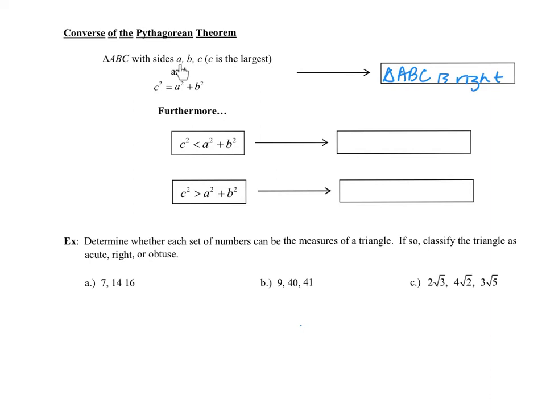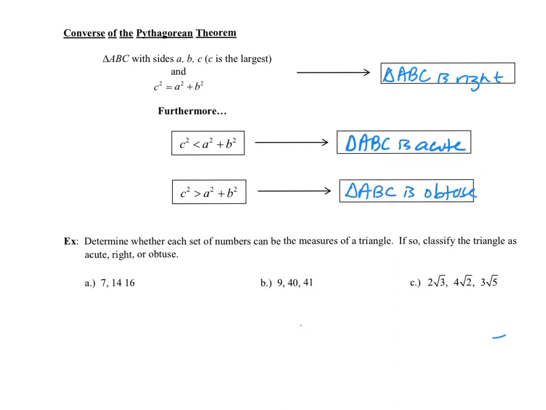If I have a triangle ABC where C is the largest side, and the square of the largest side is less than the sum of the squares of the two shorter sides, you're going to know that triangle ABC is an acute triangle. And so I bet you can guess what's happening here. If the square of the biggest side is greater than the sum of the squares of the other two sides, then we can conclude that triangle ABC is obtuse.